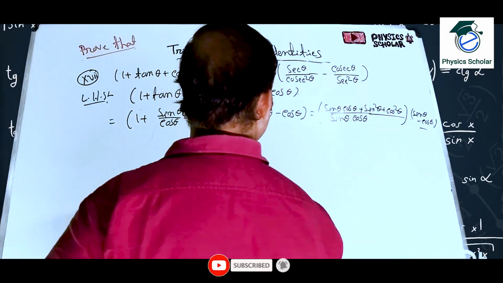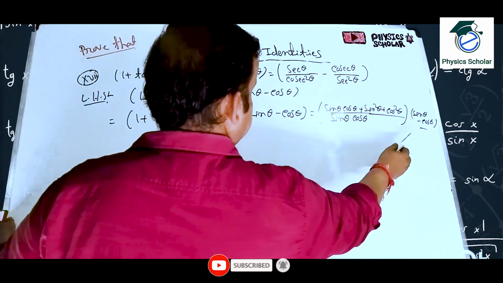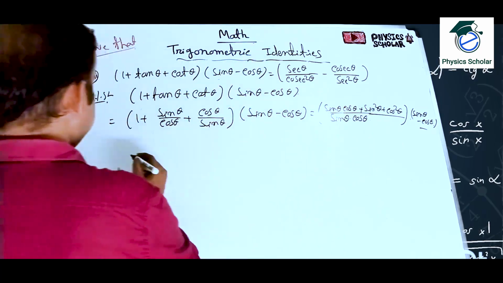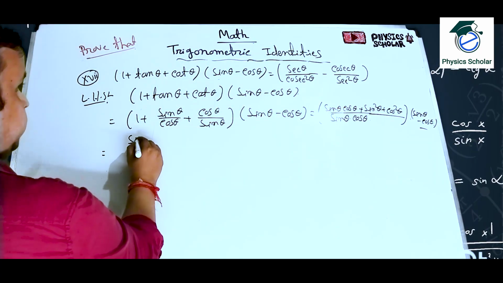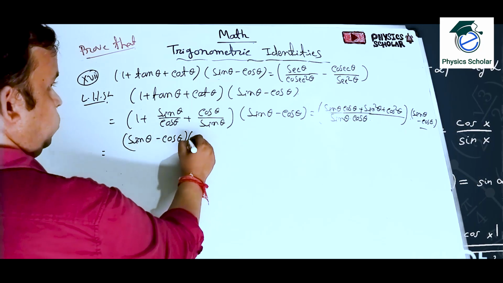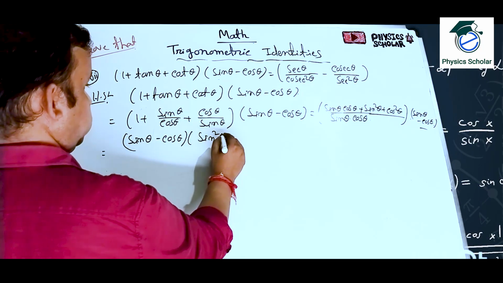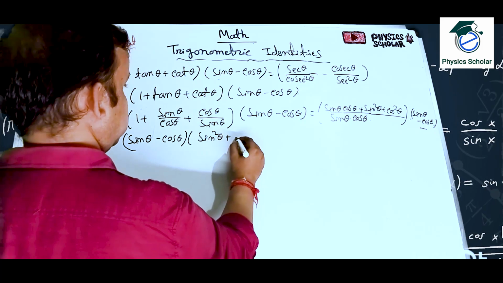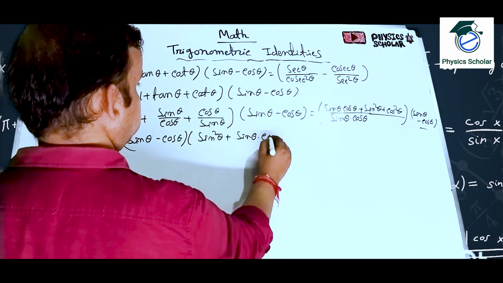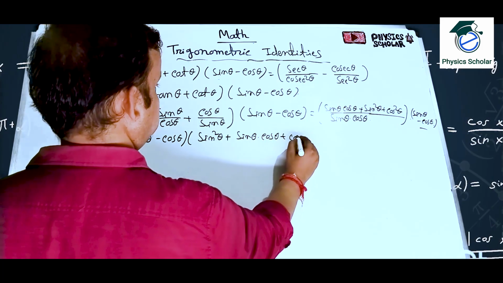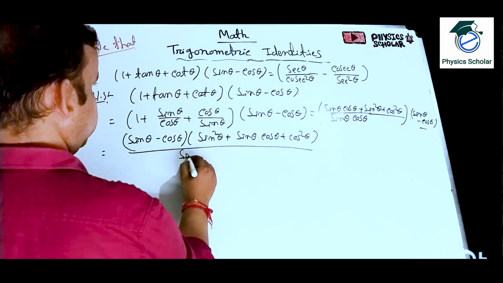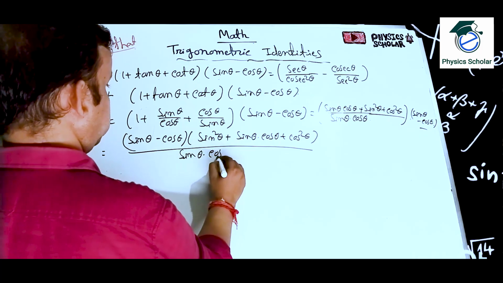So see, a minus b into a square plus ab plus b square. Okay, I am writing for your understanding. Okay, so sin theta minus cos theta. Clear? Into sin square theta plus sin theta cos theta plus cos square theta whole divided by sin theta into cos theta.